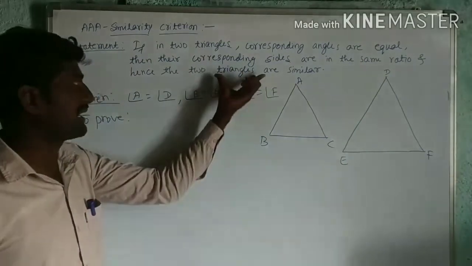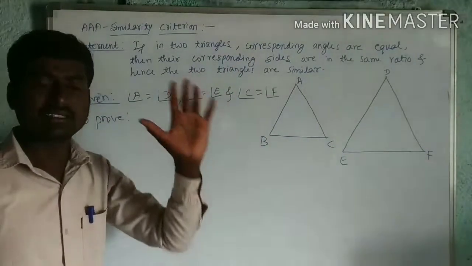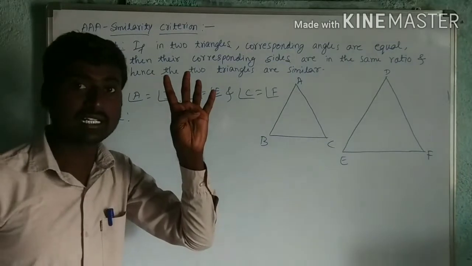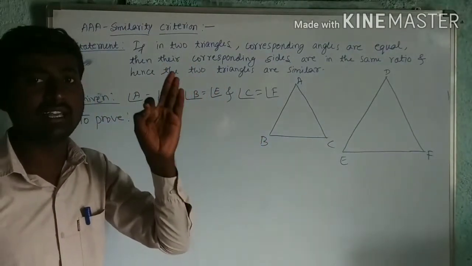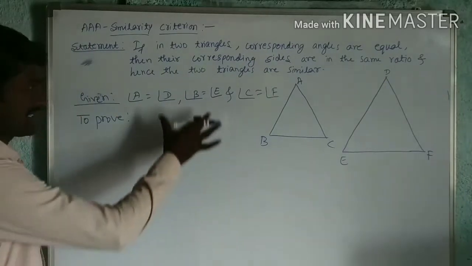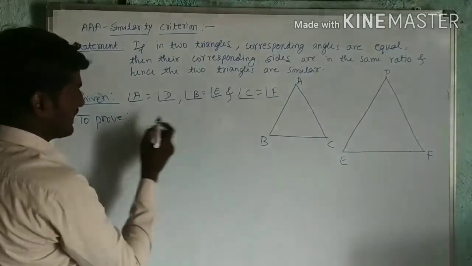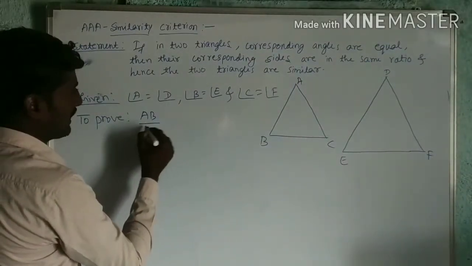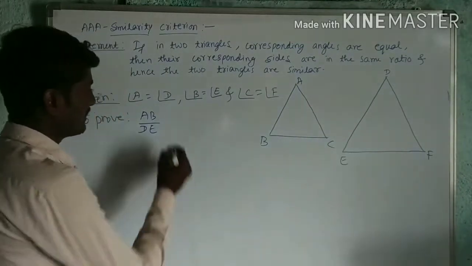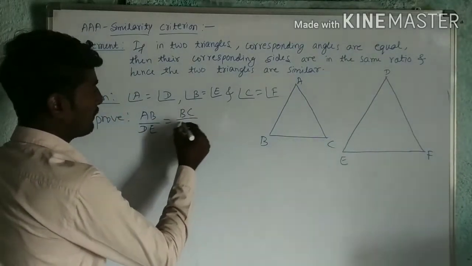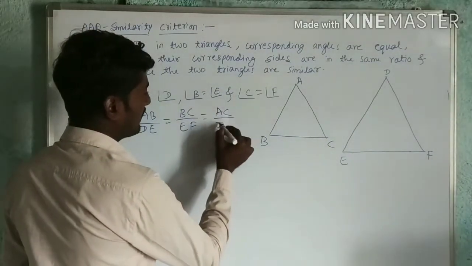Then automatically you can write two triangles are similar, because to say two triangles are similar, there are two conditions. First condition is corresponding angles are equal. Second condition is corresponding sides are in the same ratio. So first condition given, second condition we have to prove. What is that? AB divided by DE is equal to BC divided by EF is equal to AC divided by DF.